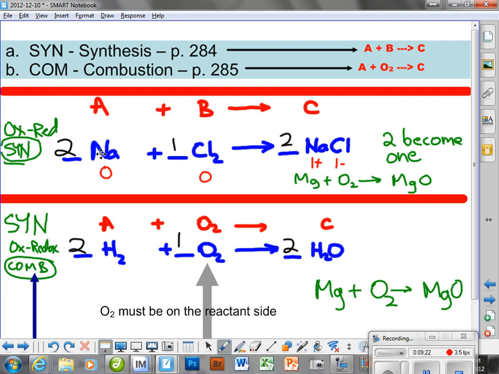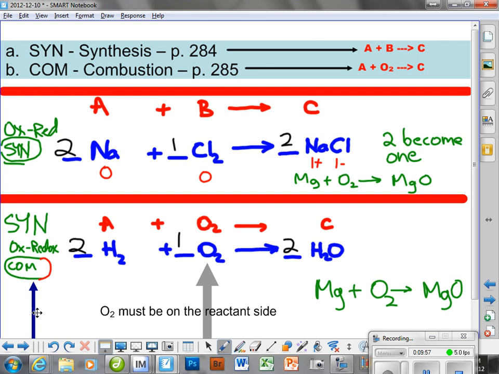These 2 came together, but there was no oxygen. Right here we wind up with water, and because there is oxygen involved, both in this one and in this one, that classification becomes a combustion, C-O-M. Oh, I shouldn't have put the B there. Let's take that off. I just used C-O-M for combustion, that makes it less to write. So let's get that fixed up back here.